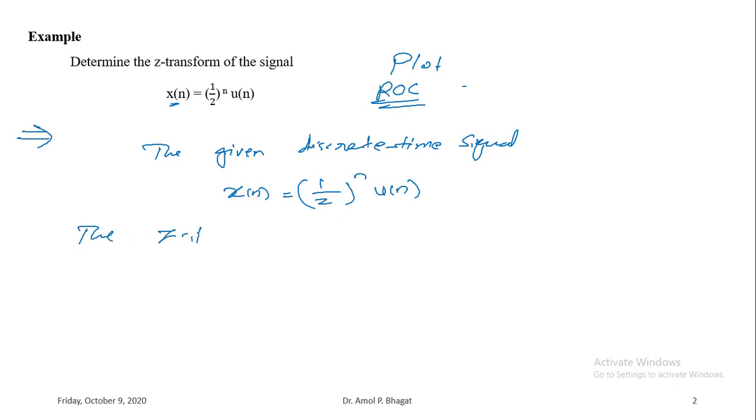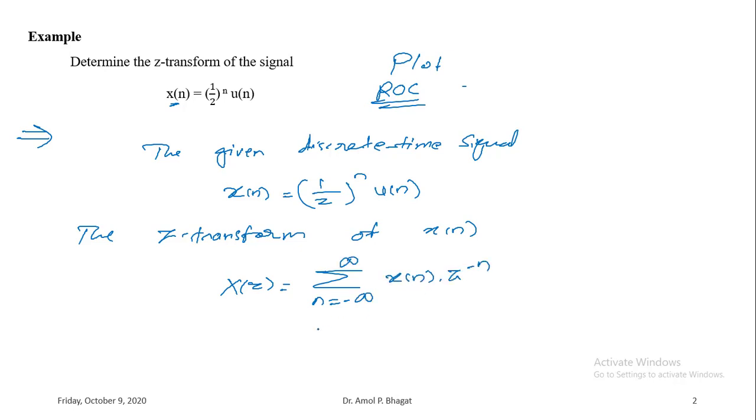The Z transform of x of n is given by capital X of z equals summation n equals minus infinity to infinity x of n into z to the power minus n.